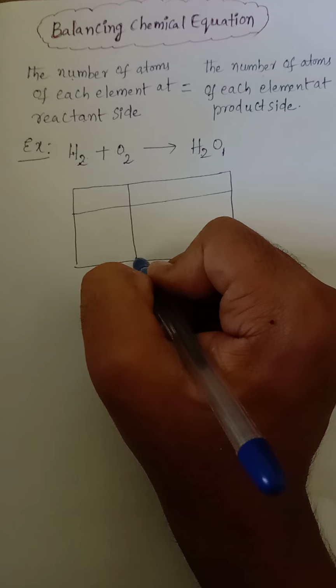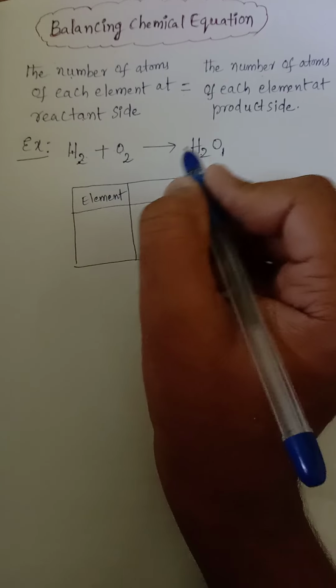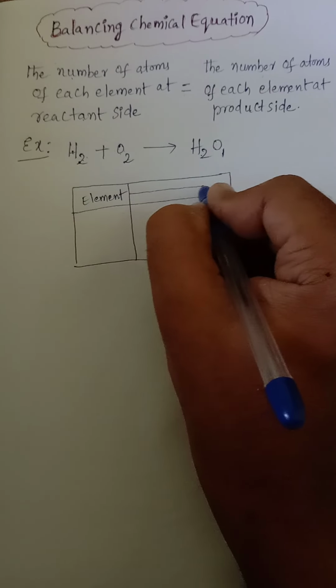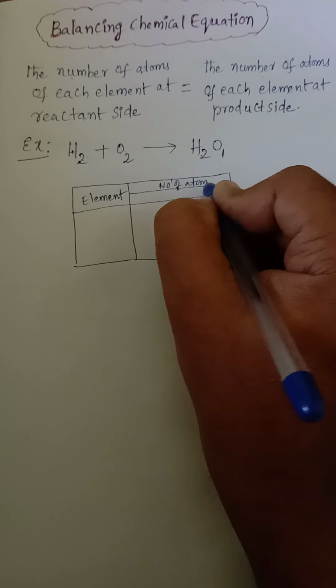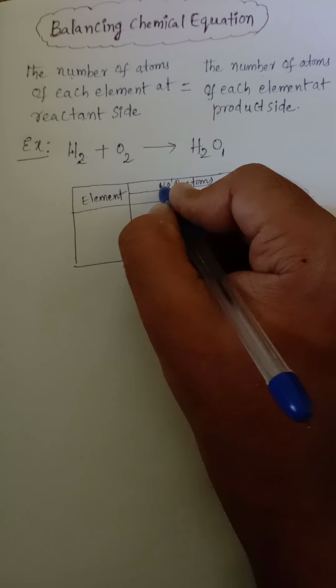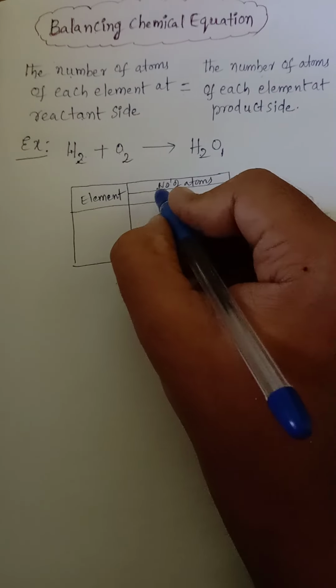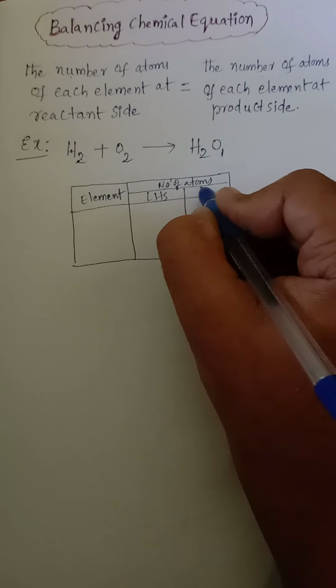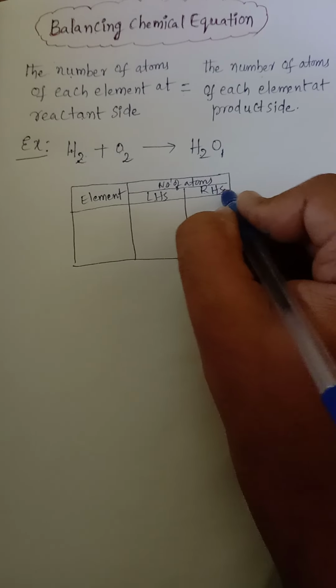This is the element. We have to write the element here, and then the number of atoms here in this tabular form. Number of atoms. And here we need two blocks: one is LHS, another one is RHS. LHS means left hand side, RHS means right hand side.